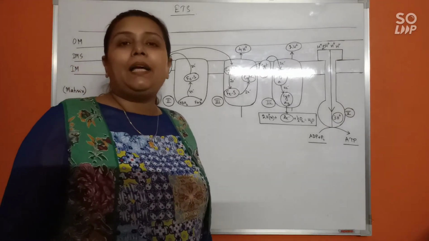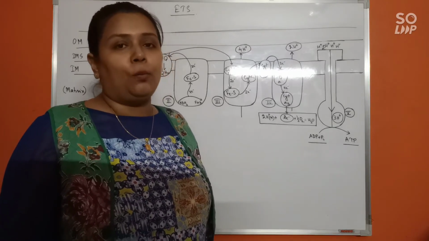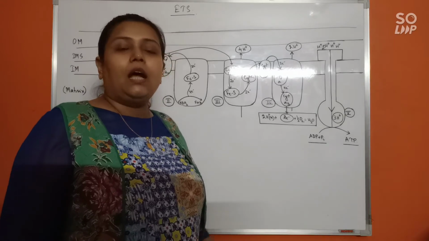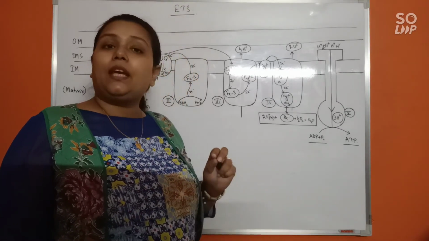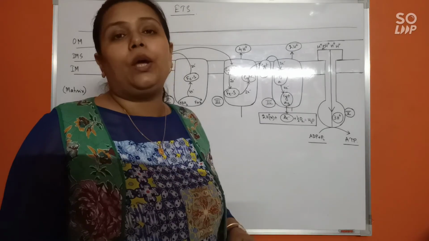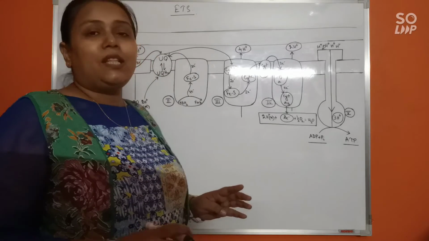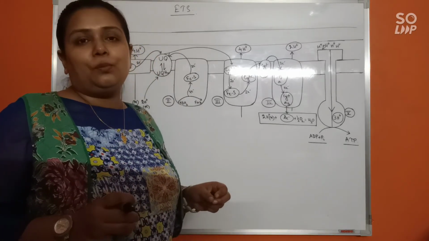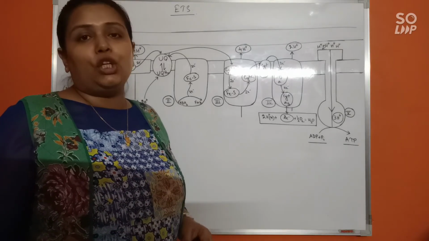In short, a proton gradient will be formed between the matrix and the intermembrane space. Understood this? So just like every other substance in nature, every substance has to move from higher to lower concentration until an equilibrium is reached, isn't it?